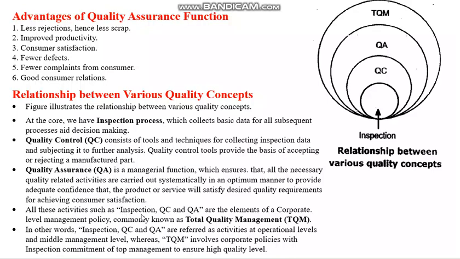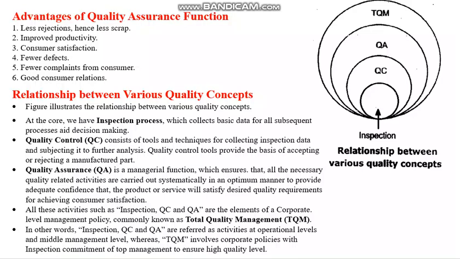Then all these things, all these activities of inspection, quality control, quality assurance, these are the elements of a corporate level management, commonly known as total quality management. When you say total quality management, the higher level managers will be responsible for all this.